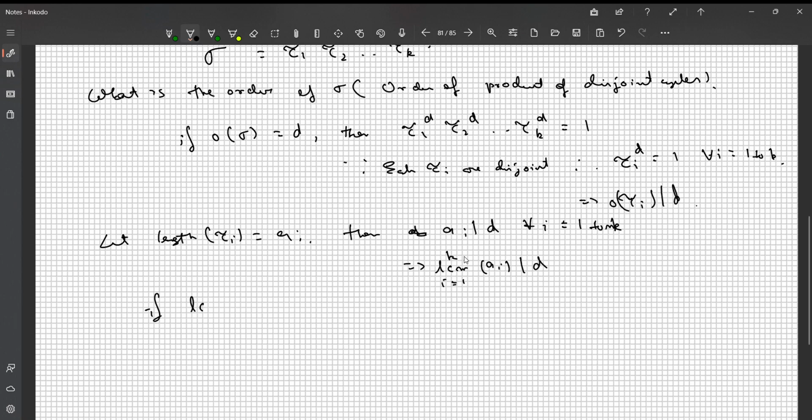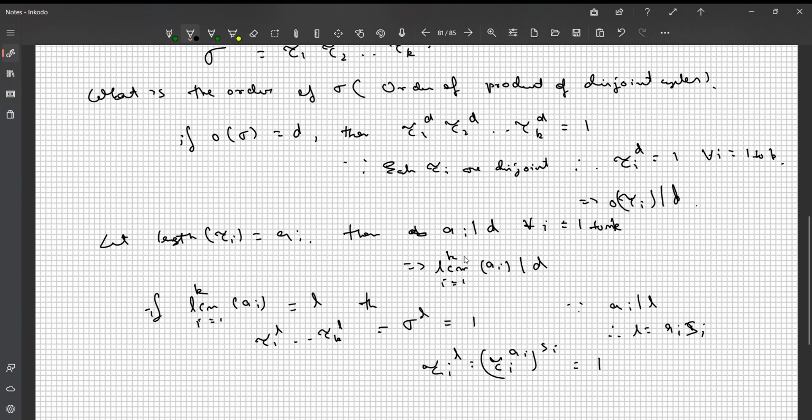And obviously we know that the LCM of these elements is the least such number which will produce this effect. So if the LCM of each of these a_i, i equal to 1 to k, is considered to be L, then obviously sigma to the power L must be 1, because sigma to the power L is nothing but tau 1 to the power L till tau k to the power L. And since a_i divides L, L can be written as a_i times, let's say, s_i.